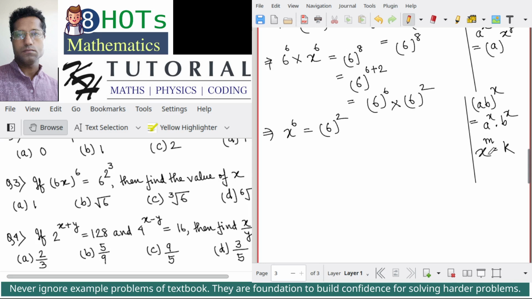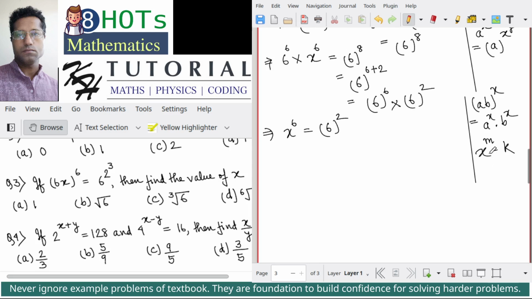How will I get x from this equation? I have an equation x to the power m is equal to k. x is the unknown, I have to find x, where m and k are constants, let's say rational numbers.